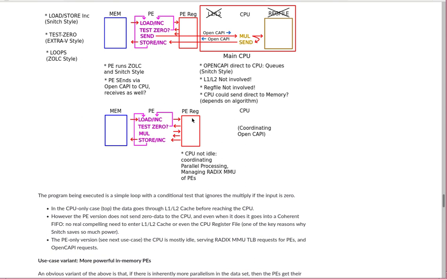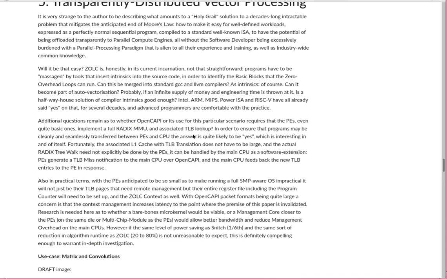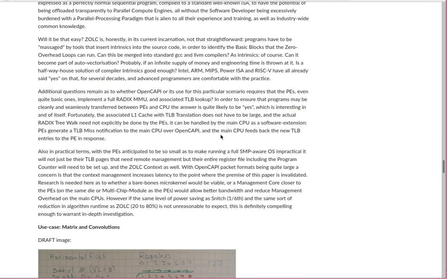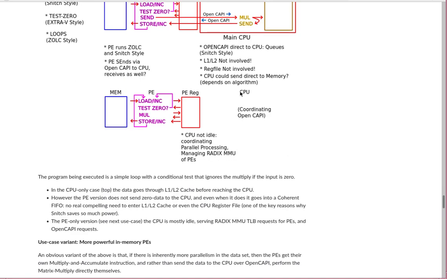And then you could do massive parallelism, and back to this, you've got parallel processing. And then your main CPU simply becomes a coordinator of what's happening over OpenCAPI.